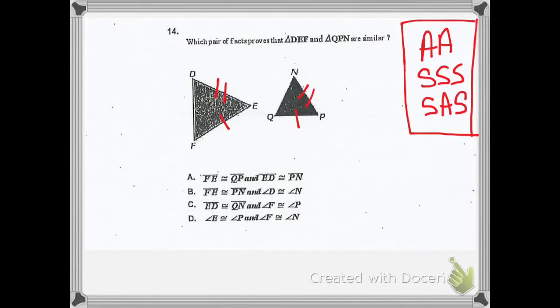Alright, that's just two sides, so that wouldn't be a way. So we would have to erase those. So A is out. B, FE is congruent to PN, and angle D is congruent to angle N. That's only an angle and a side, not one of our reasons, so that would not be a choice, so we would eliminate choice B.